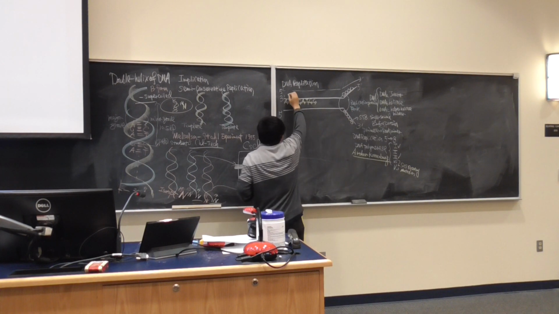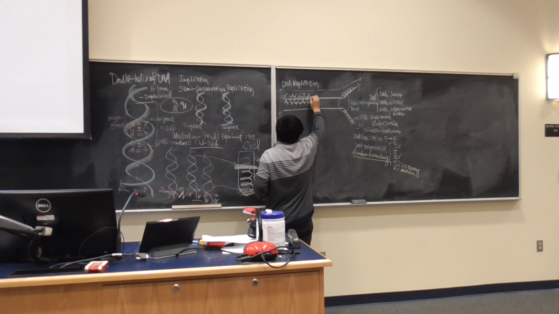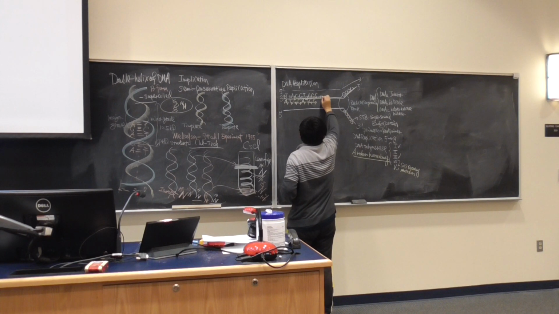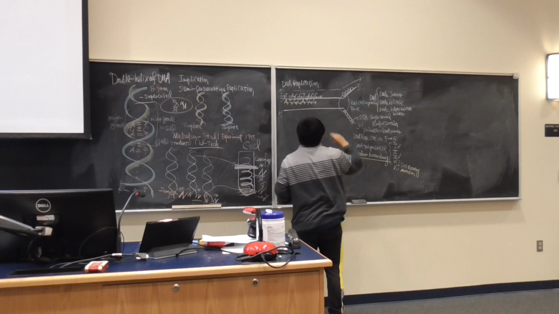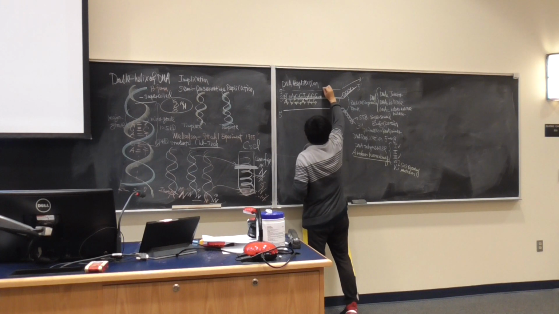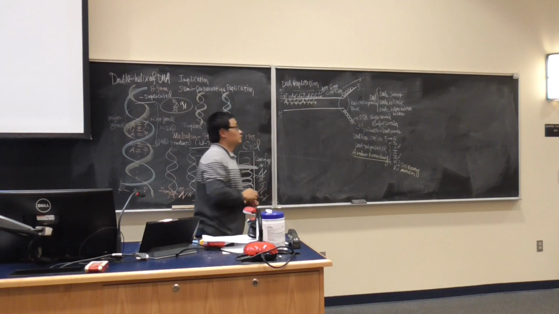What that looks like will be P, PA, PC, PG, phosphate T, phosphate A, phosphate C, phosphate G. Of course, it's going to become longer and longer because we have these nucleotides in the cell that they're going to use to attach to it.